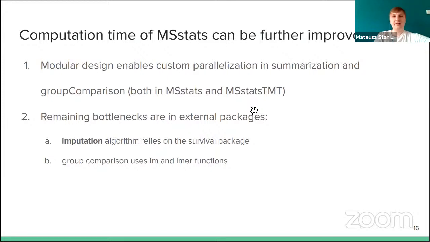And with DIA data, it's possible to help there by selecting a smaller number of features for summarization. And also in group comparison, we still need to use linear models, which again probably can be improved. So we'll still be looking for some more efficiency.